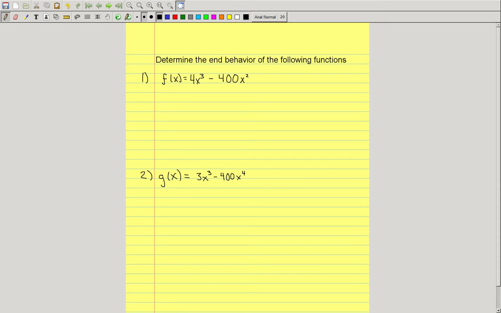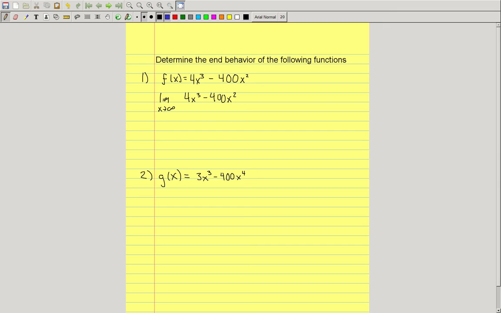What we would like to do now is determine the end behavior of the following functions using our previous theorem. Looking at our first example, f of x, we're going to look at the limit as x approaches positive infinity of 4x cubed minus 400x squared.